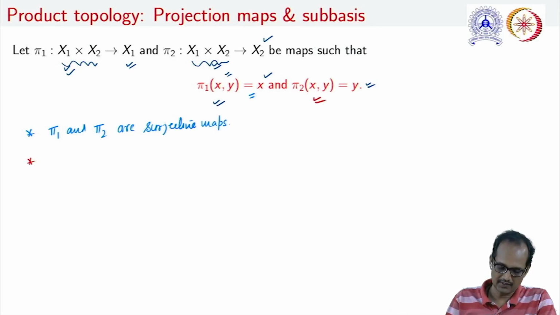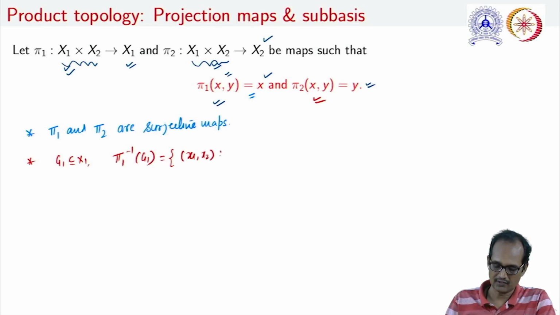Also, if we are taking a subset G1 of X1 and we compute this inverse image of G1 under pi1, that will be the collection of all ordered pairs x1, x2 such that pi1 of (x1, x2) belongs to G1.